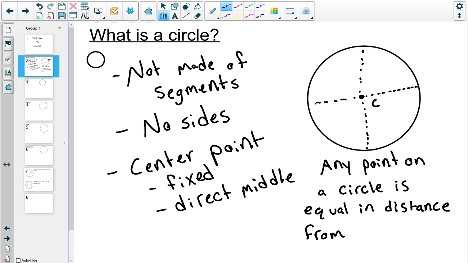For this case, we'll label it C. So from point C on this circle, any point you pick on the outside of this circle is going to be equal in distance to that center point. Whatever this distance is here, we'll call this X, and whatever this distance is here, we'll call this Y. We know for a fact that X will equal Y.